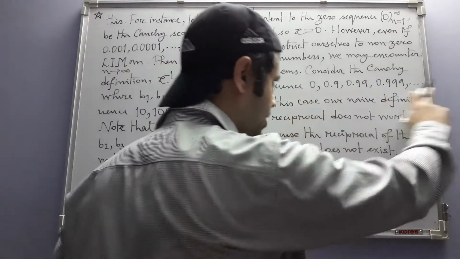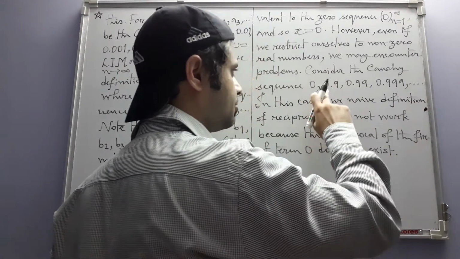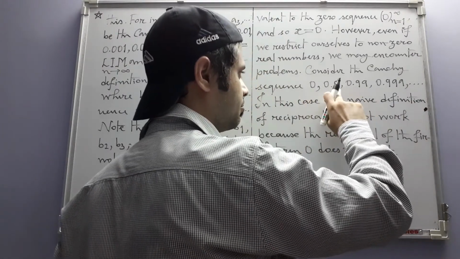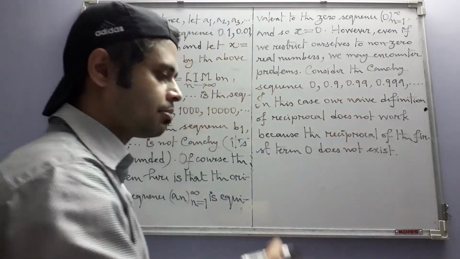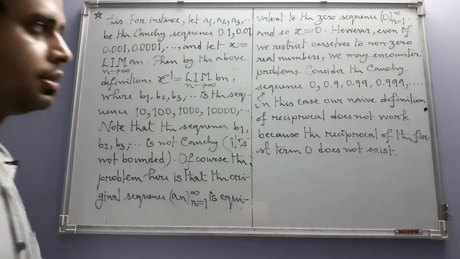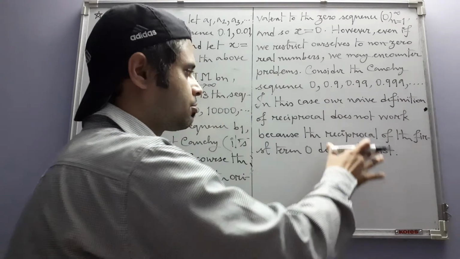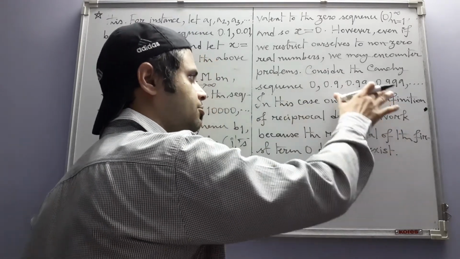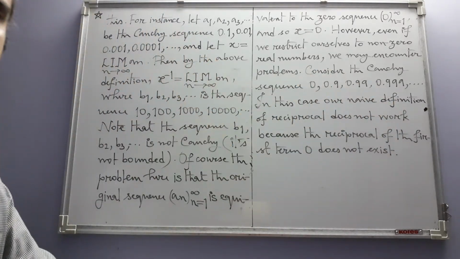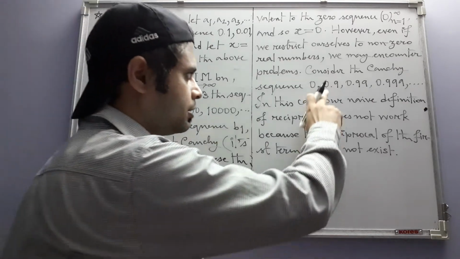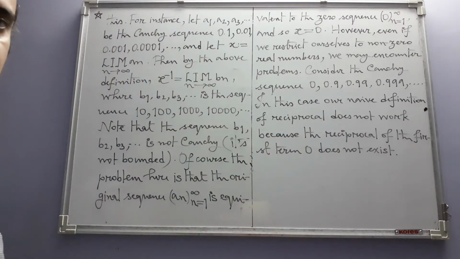If you replace this sequence with a sequence where, say, after every non-zero term you put one extra 0, then you can show that sequence is actually equivalent to this sequence. So they will represent the same real number.